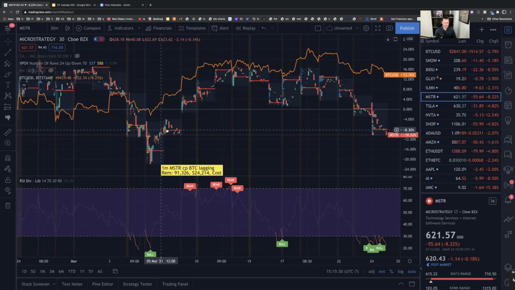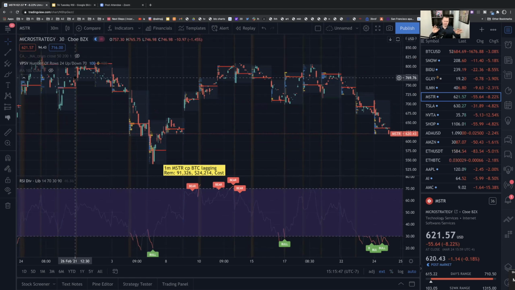But at the same time, you can see now for the first time, MicroStrategy is not keeping par with Bitcoin, which again supports the thesis that MicroStrategy is completely oversold. So it's a simple tool to have in your toolbox just to compare and see how they map over time. And that would tell me that MicroStrategy is a buy.